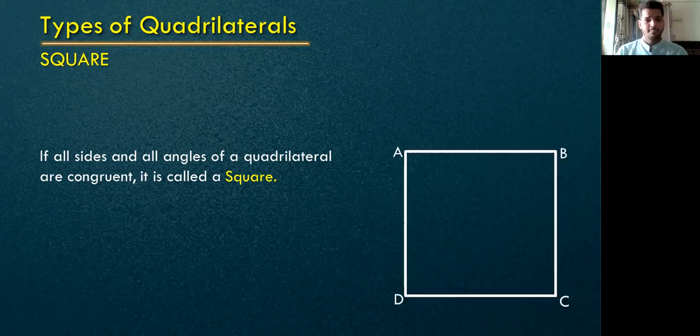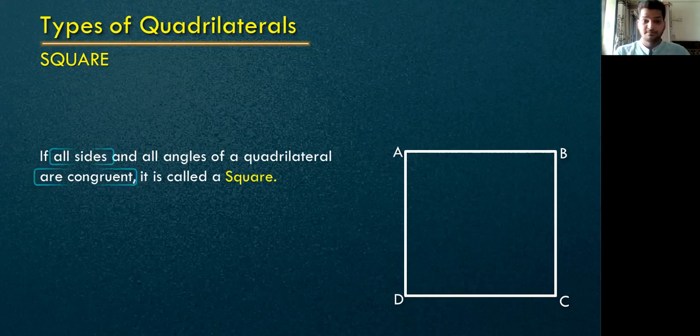For example, let us have a quadrilateral ABCD. Let us look at the sides. If I say all sides are congruent, for example, AB is 4 centimeters, BC is 4 centimeters, CD is 4 centimeters, AD is also 4 centimeters, then can we say that all the sides are equal and congruent?